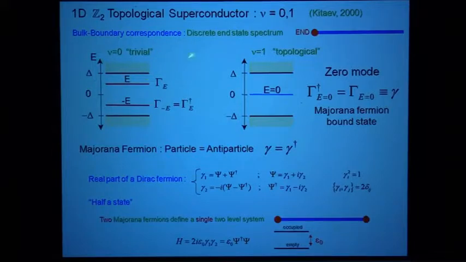Depending on what the Hamiltonian at the end is, you might have these end states. But because of this intrinsic particle hole symmetry, if you have a state at energy E, then it has to have a partner at energy minus E, unless you had a state that was at exactly zero energy. This zero energy state would be its own partner. This doesn't break the rules. This still has the particle hole symmetry.